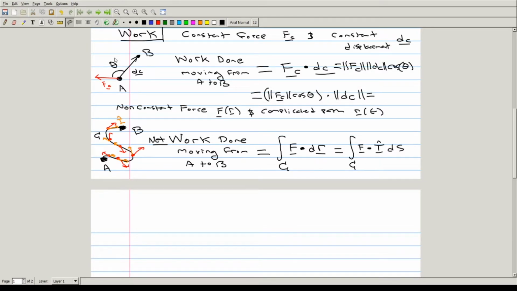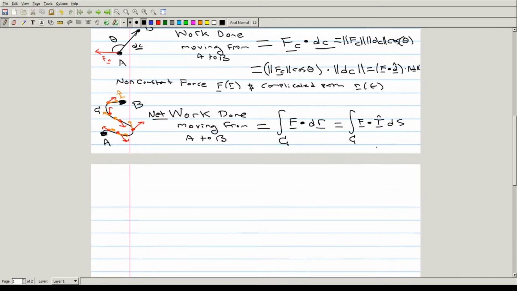Because if you think about it, this right here in the constant case is the same thing as F dot d hat multiplied by the length of d. And that's exactly what this magnitude of F cosine theta is. It's F dot product with d hat times the length of d. So the idea here is that we're just integrating this component at every single different point along this curve, and the total net work done moving from A to B is this line integral.